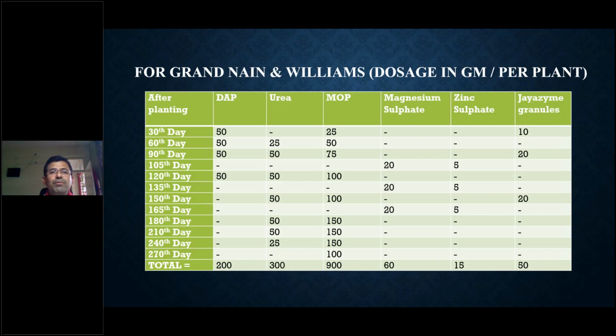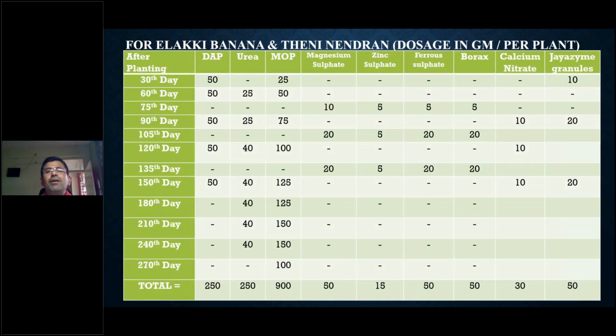Next, we will go to other familiar varieties, Yelakki banana and Theni Nendran. Theni Nendran is one of the South Indian Nendran varieties, and even the normal ordinary Nendran follows the same fertilizer schedule. There is a difference from Grand Naine.